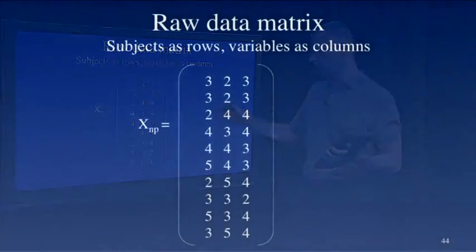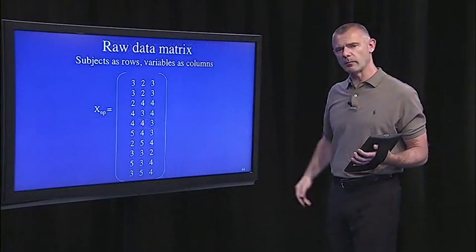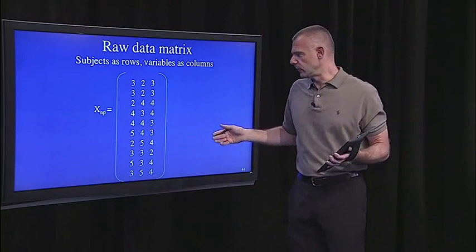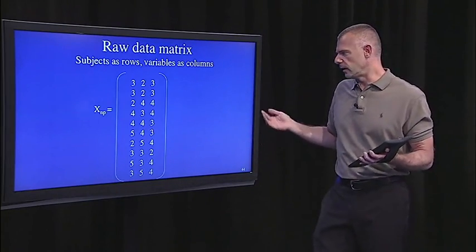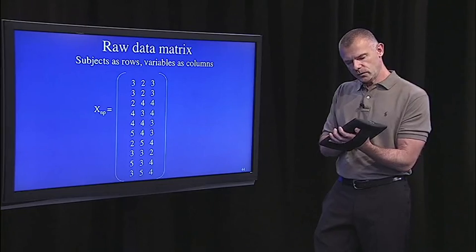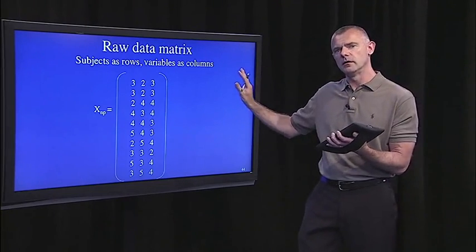This matrix is matrix X for raw scores, and it's n by p, n for the number of subjects, and p the number of variables, or measures. I just came up with some random numbers. You could think of these as scores on a Likert scale of 1 to 7, and there are 3 variables. So that's the raw data matrix.